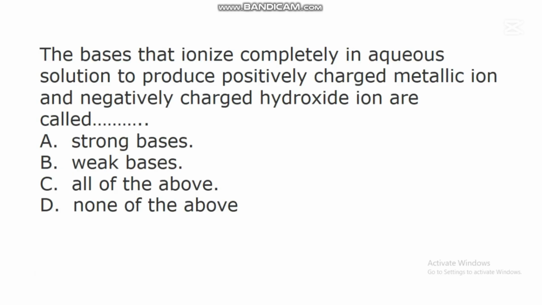D. None of the above. In this question, the correct answer is A. Strong bases. Strong bases are those bases that ionize completely in aqueous solution to produce positively charged metallic ion and negatively charged hydroxide ion.